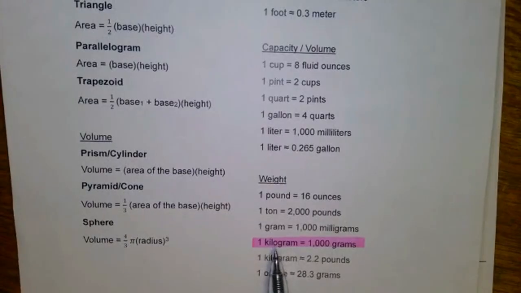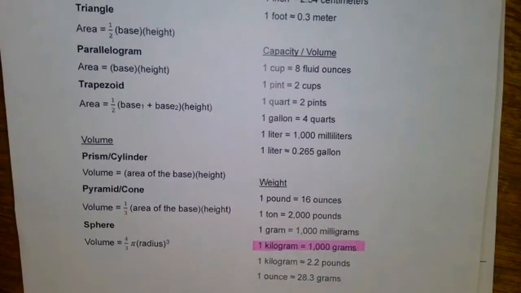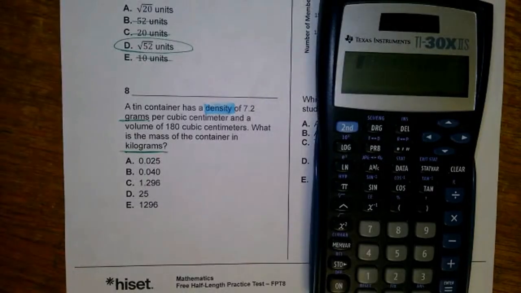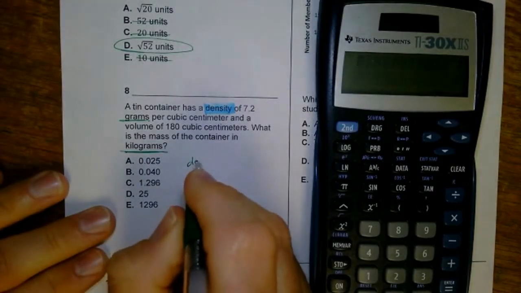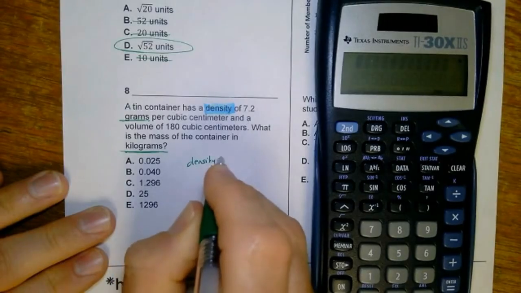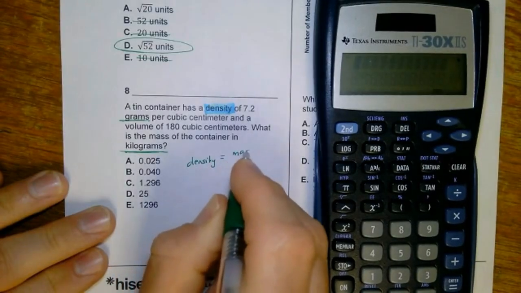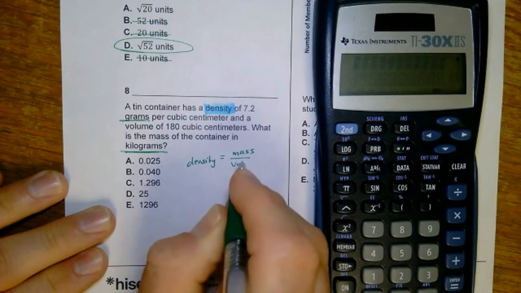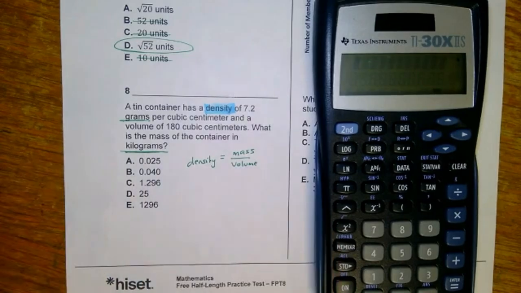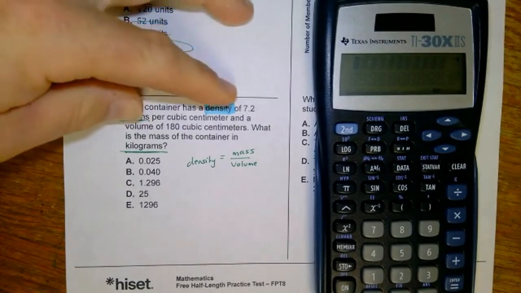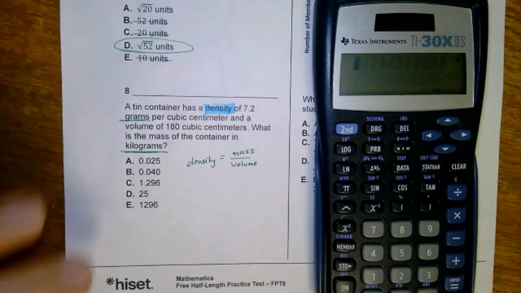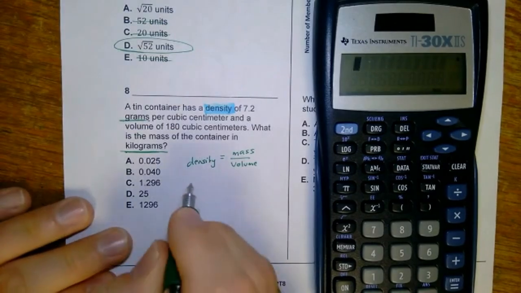I am going to deal with this kilogram to gram idea in a minute, but I first got to know density. And so they expect you to know that density is equal to mass divided by volume. So if you know that, I can then put in the information in the right spots. 7.2 is density.